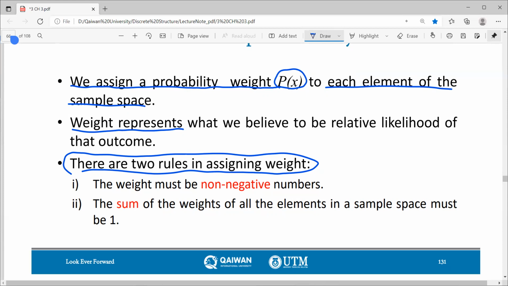And also the sum of all weights must be 1. The sum of all probabilities must be 1. So each probability must not be greater than 1 and must not be less than 0. It is between 0 and 1, and the sum of all probabilities must be 1.